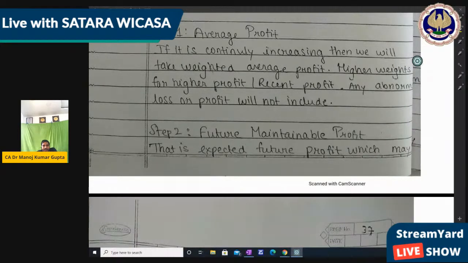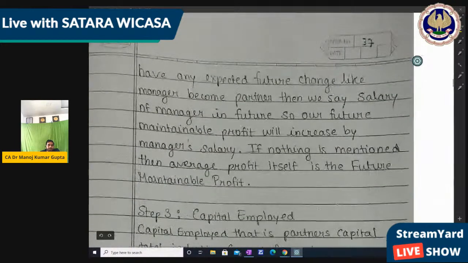Future maintainable profit is the expected future profit, which may have any expected future changes, like a manager becoming a partner. Then we consider the salary of the manager in future.